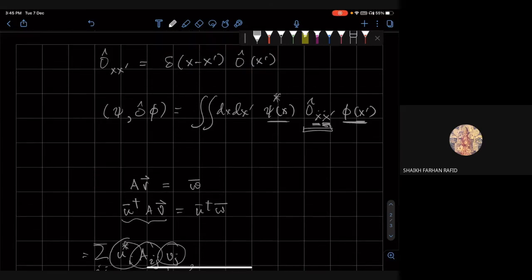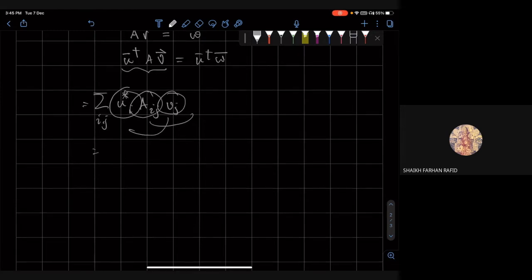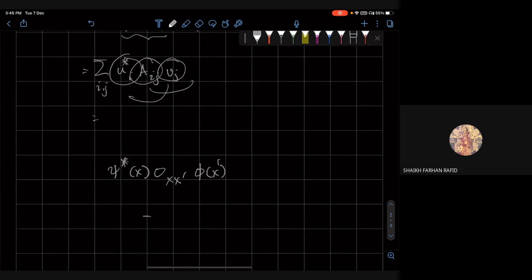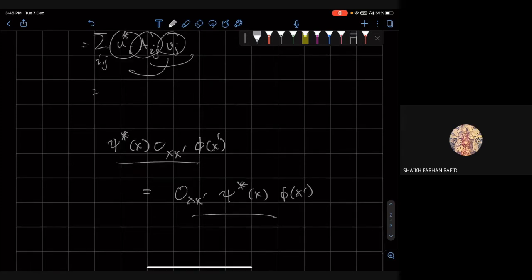Okay? So similarly, the notation is telling us we can write this as psi star of x, O_{xx'}, phi of x prime, and this is equal to O_{xx'}, psi star of x, phi of x prime. So these have the same meaning, because of the way that we have defined the indices, we can keep track of which index acts on which, okay?